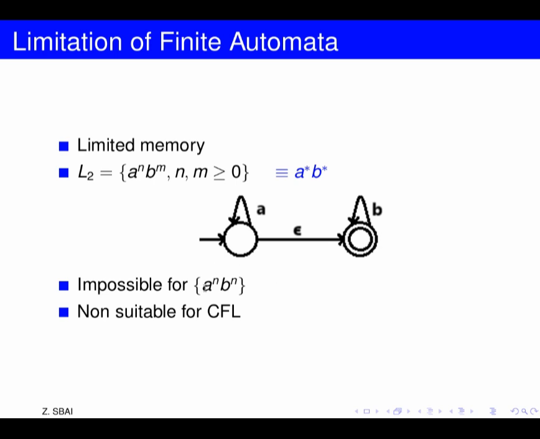Now, if we want to recognize the same type of strings, but with the same number of a's and b's, a to the n, b to the n, with the same n in the exponent, it is impossible to recognize via this automaton because this NFA cannot count.